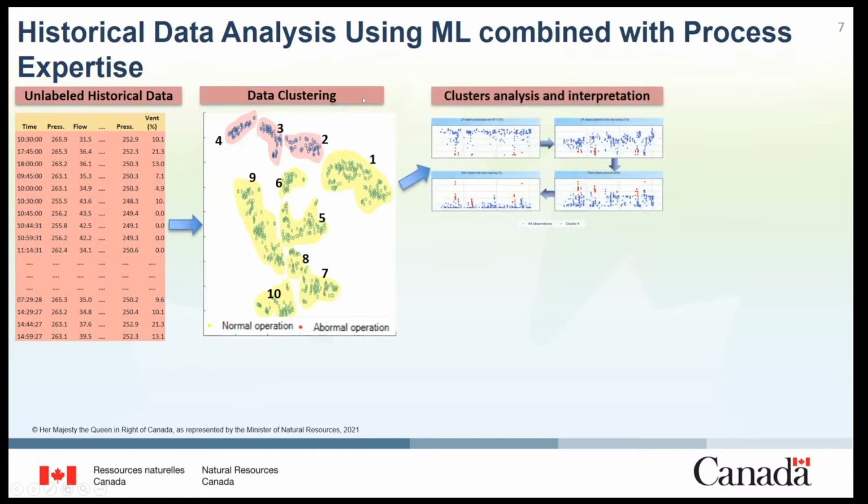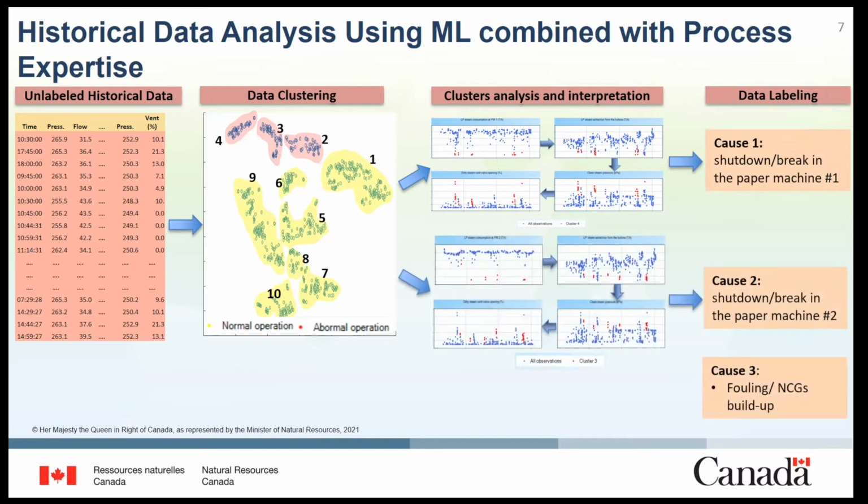Then we used data analytics and pattern analysis techniques to interpret each cluster, so we were able to associate a cause with each cluster. By doing this, we were able to label the data, and we used this labeled data to train the classification model so that it can predict the cause when it is installed online.